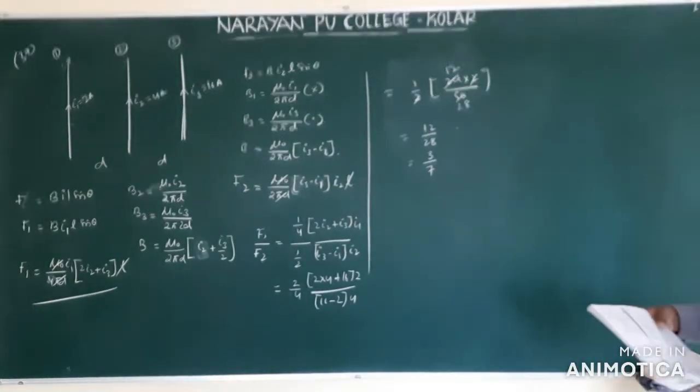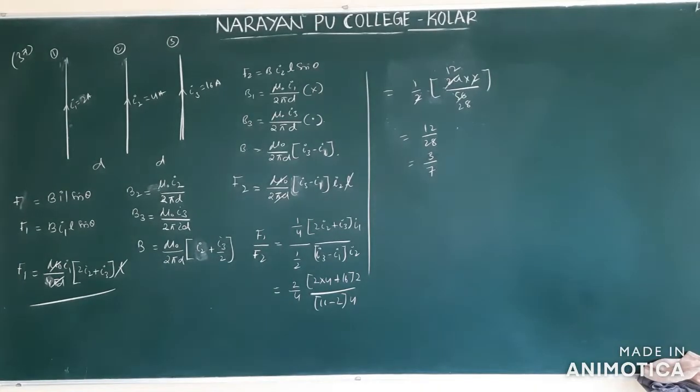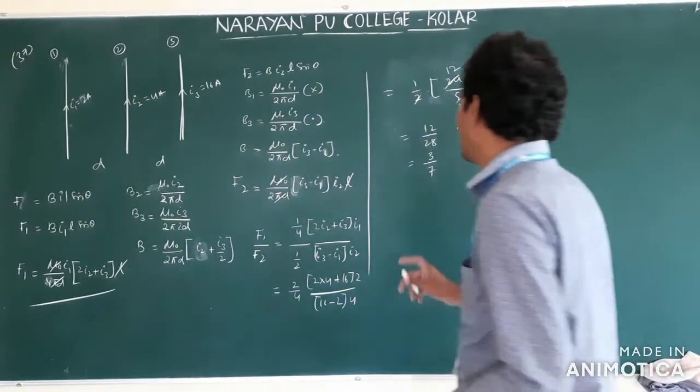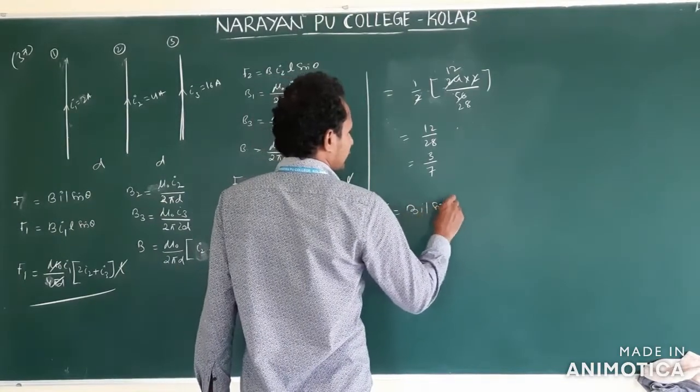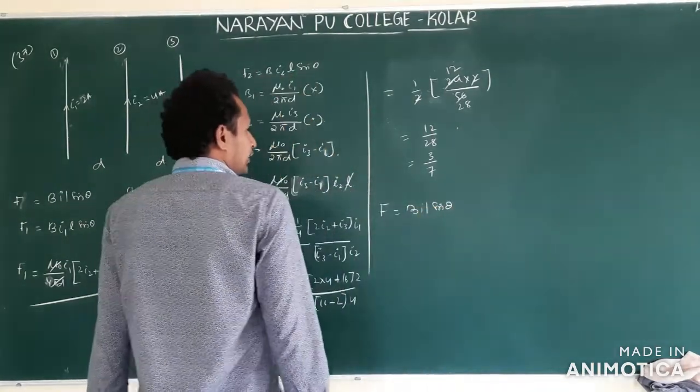Next, 30. A circular loop carries a current I. It is placed in a radial magnetic field B naught as shown. The magnetic force on the loop is? So the total length is 2 pi r. Then F is equal to BIL sin theta.